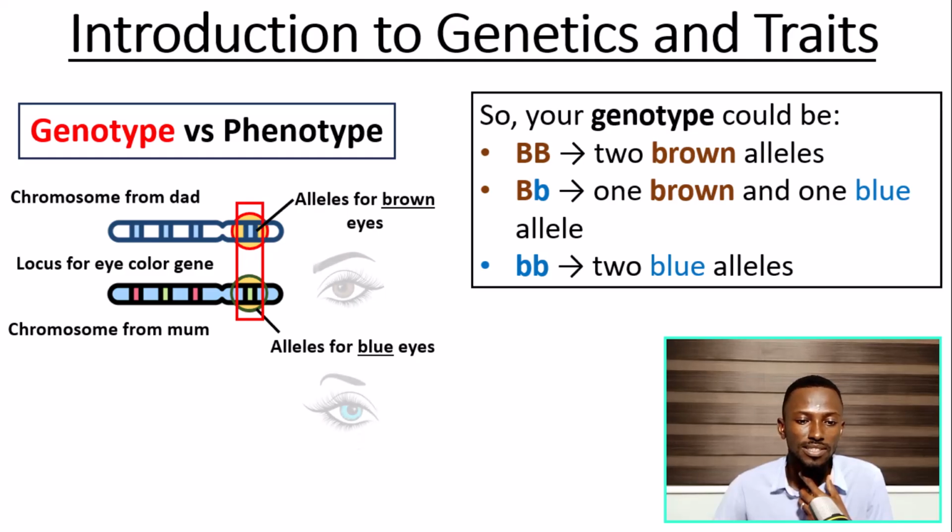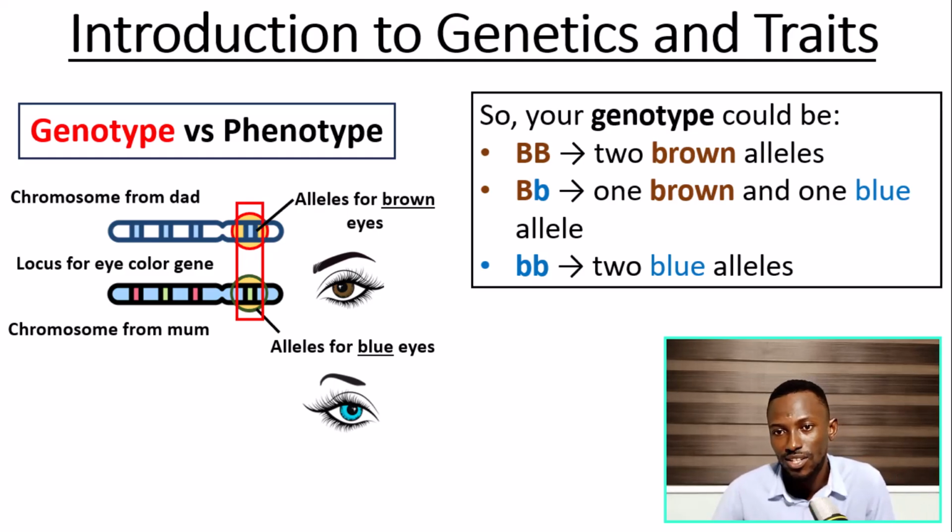The other option is that daddy gave a brown eye allele and mommy gave a blue eye allele, so the genotype will be capital B, small b, one brown and one blue allele. And the last option is they both gave blue alleles.